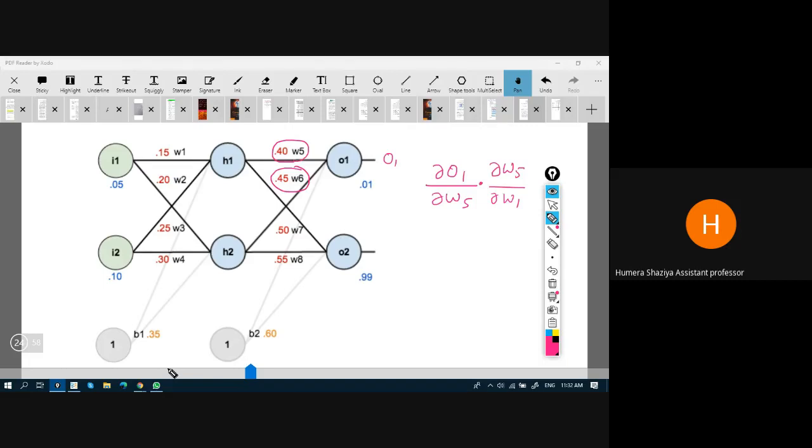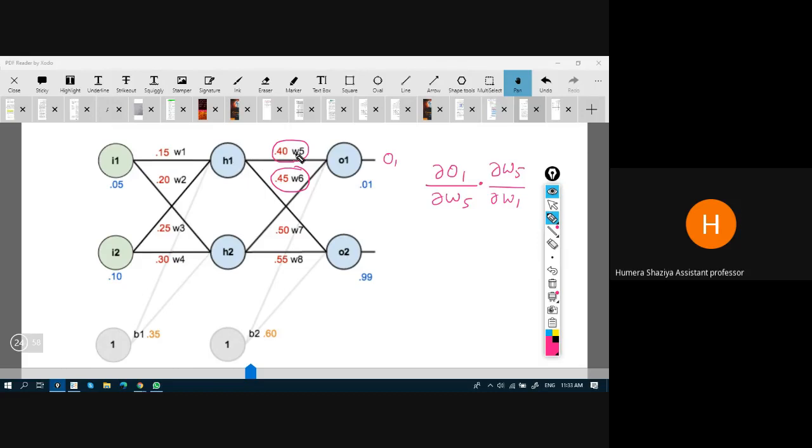So I am now computing partial derivatives. Partial derivatives means, in order to know how this W5 is impacting O1, you have to do this process. Means you have the value of O1. What is the impact of W5 on O1? To know that, further we have to find out what is the impact of W1 and W2 on H1.